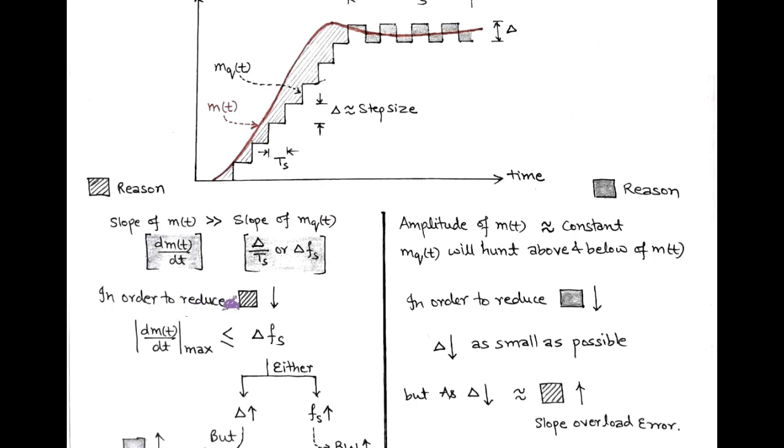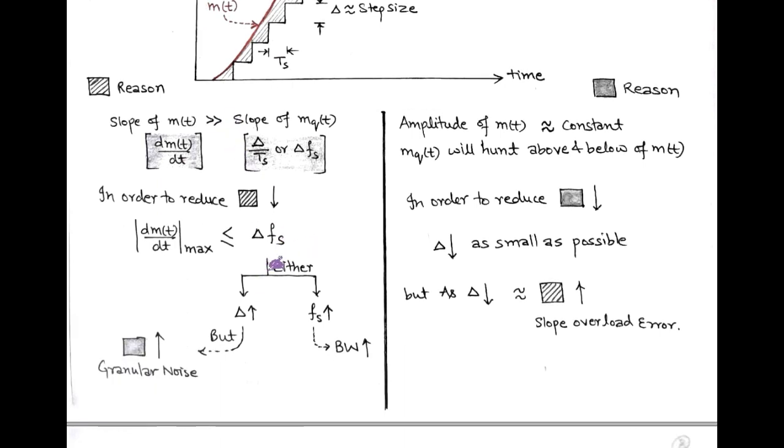Now, in order to reduce slope overload distortion, the maximum slope of modulating signal must be less than or equal to delta·Fs. And this is obtained either by increasing step size delta or increasing sampling frequency Fs.